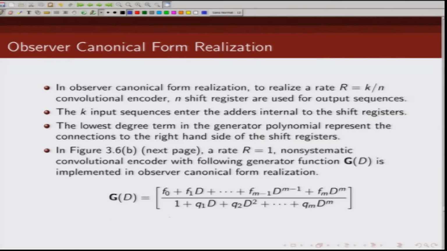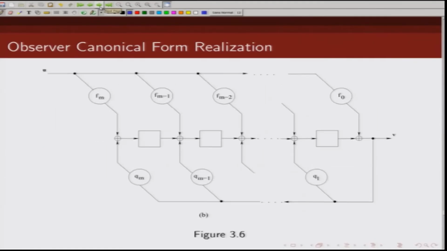So, let us take the same example that we considered earlier. We are considering the same generator matrix and we are going to realize this generator matrix now using observer canonical form realization. Again here k is 1, n is 1. So, we have n is 1, so we have one set of shift registers.